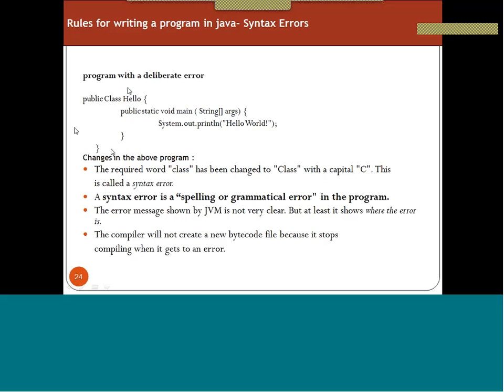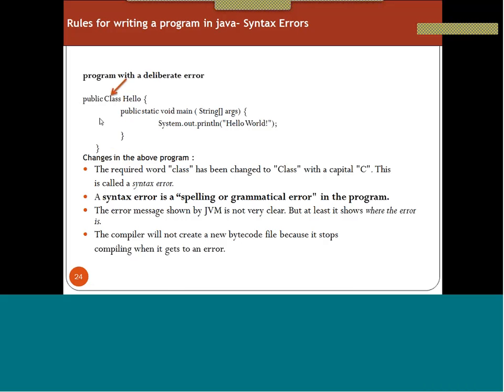Everything looks similar to the previous program, but it has some problem. The C in class is capital instead of small. The required word class has been changed to a capital C. This type of error we call a syntax error.